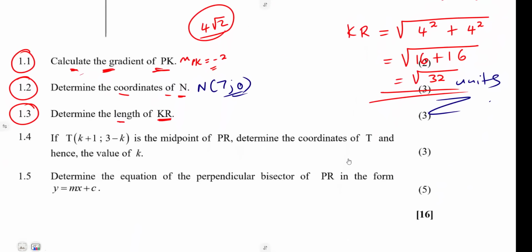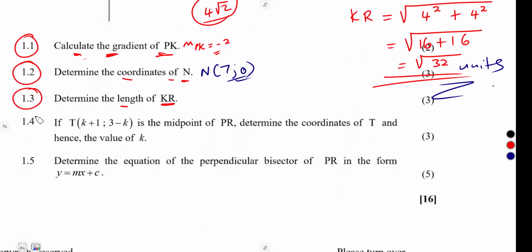All right, let us move on to another question. 1.4, if the point T given as (k plus 1; 3 minus k) is the midpoint of PR. The midpoint of what? PR.